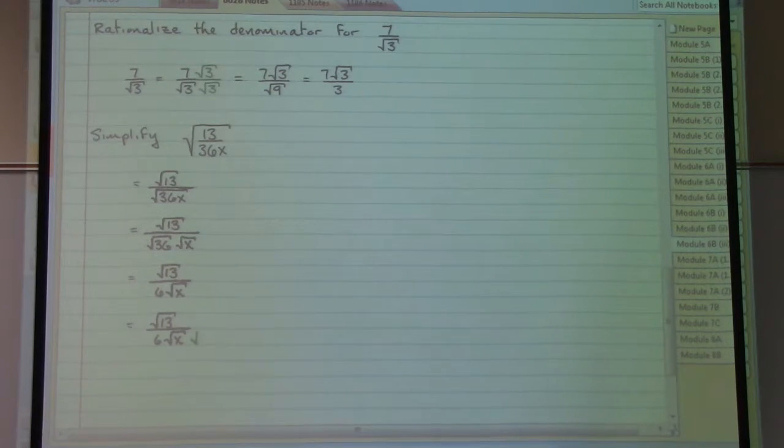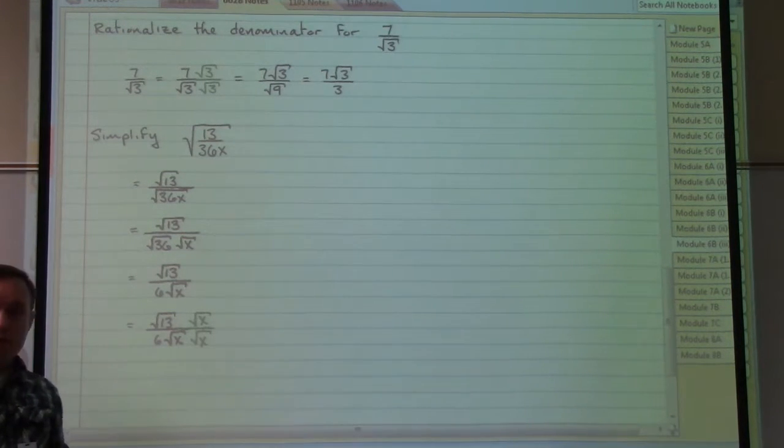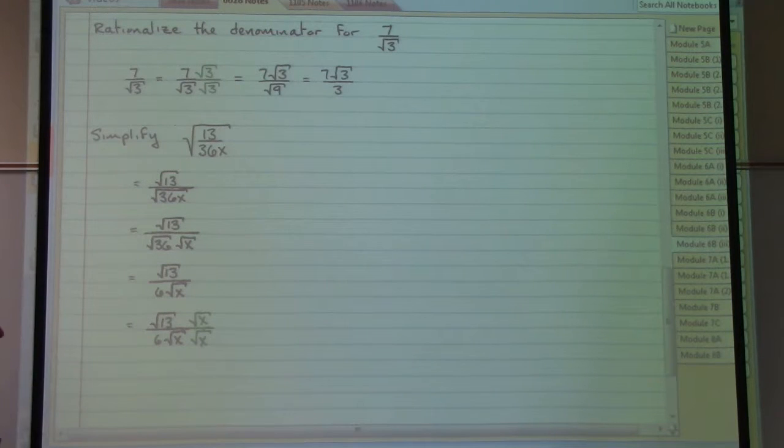So it's going to have to be something with a square root on it that would eventually get us an x with a power of 2. Well, if we just had one more extra x down there in the denominator underneath the square root, then we would get the power of 2 that we're looking for.